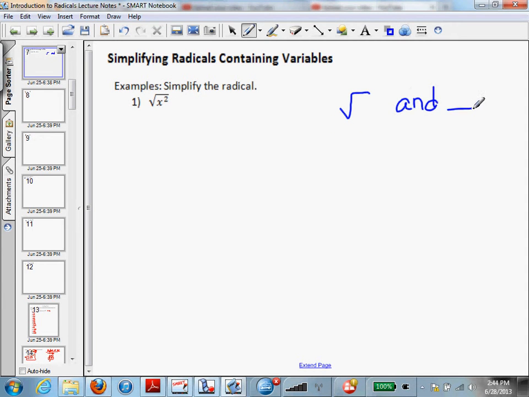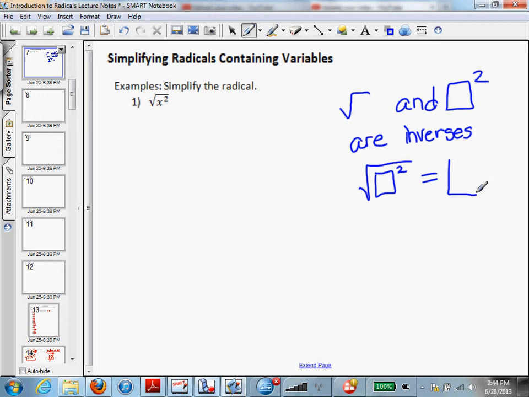As we learned before, we have the square root and the squared something. Here's our number being squared. They are inverses; they do the opposite effect of each other. So if you have the square root of something being squared, then you're just left with the number, because the square root symbol and the 2 cancel each other out, just leaving you with the original number.